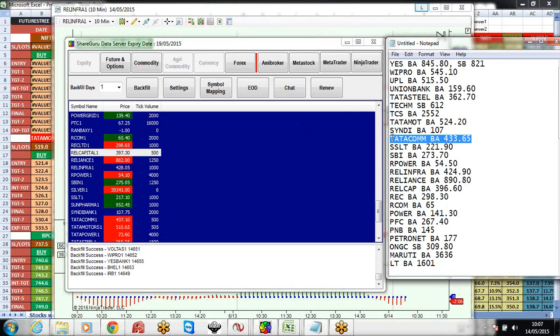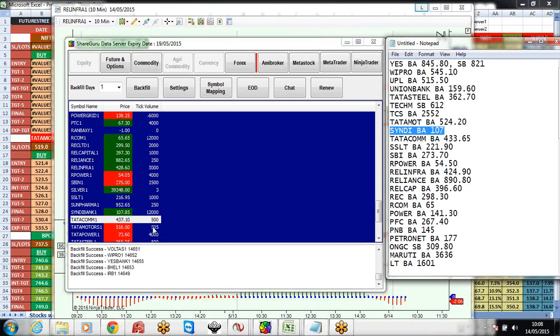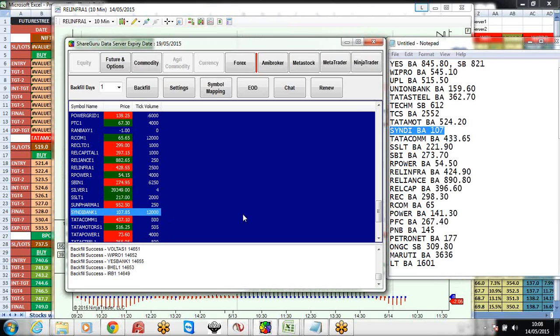Tatacom, we had a buy call 433.65. Now it is at 437.10. Syndicate Bank buy is 107. Now it is at 107.85.